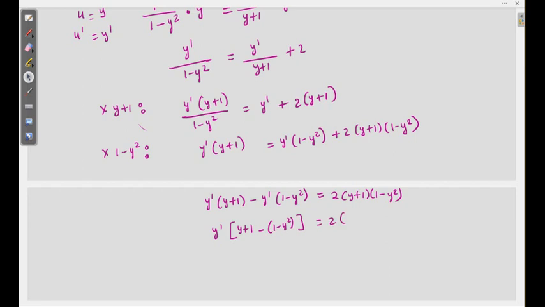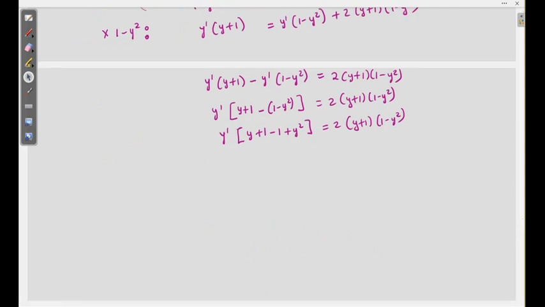Be careful with the signs. Then y plus 1 minus 1 plus y squared, because negative times 1 is negative 1, and negative times negative y squared is positive. So now we have y prime into y plus y squared.